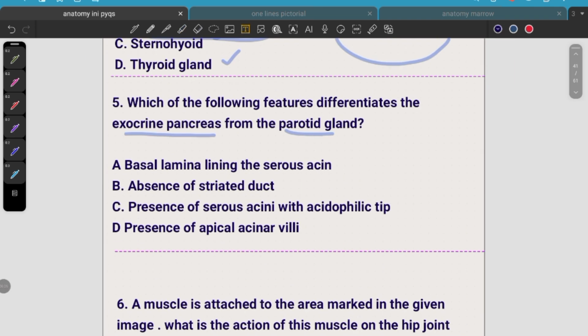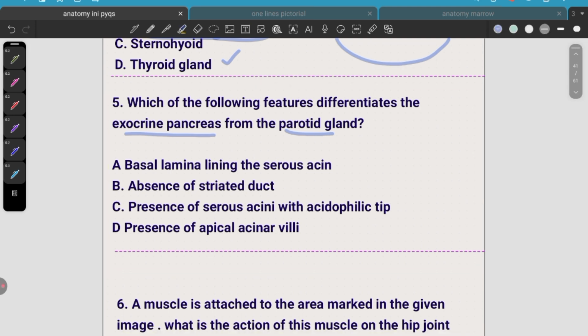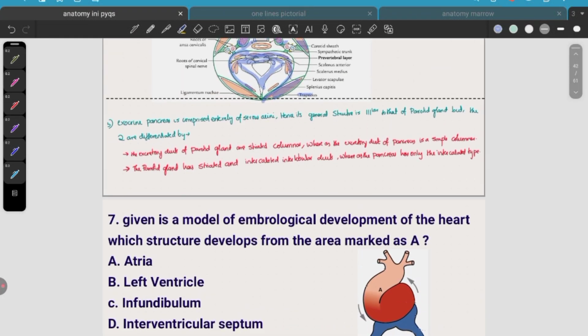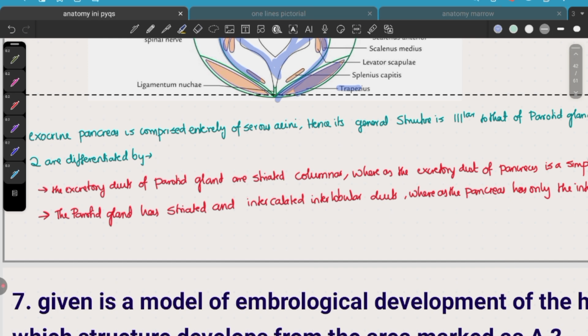Coming to the fifth one, which of the following differentiates the exocrine pancreas from the parotid gland? They're asking what the histological difference is. Let's see the explanation. The exocrine pancreas is composed entirely of serous acini.